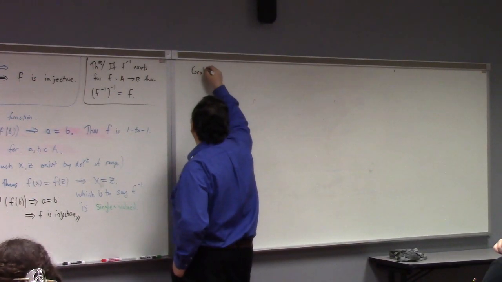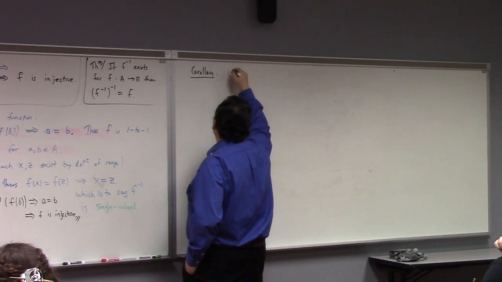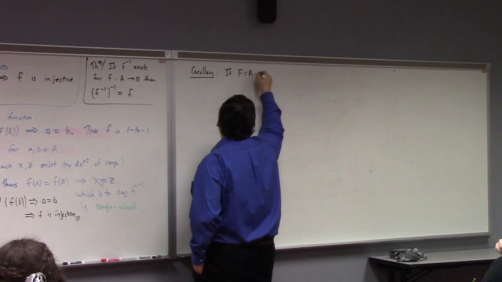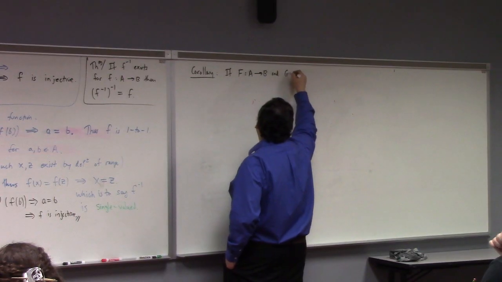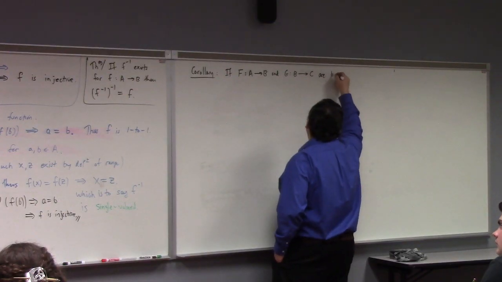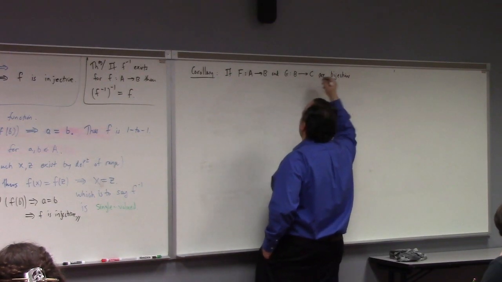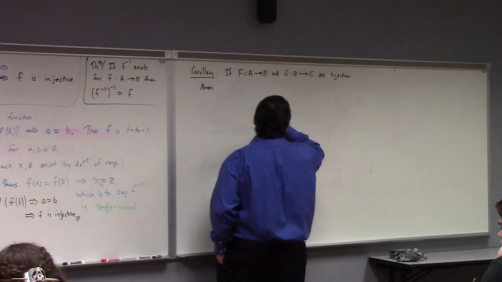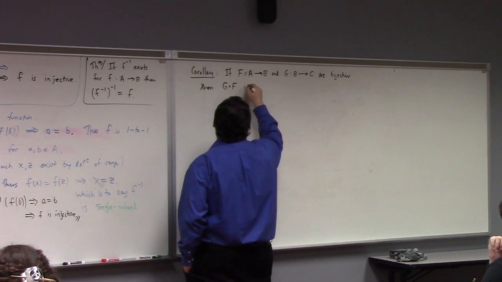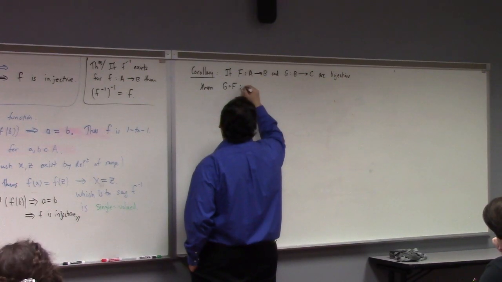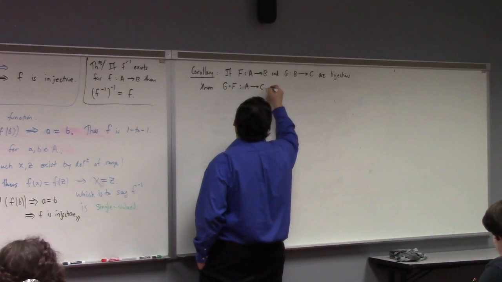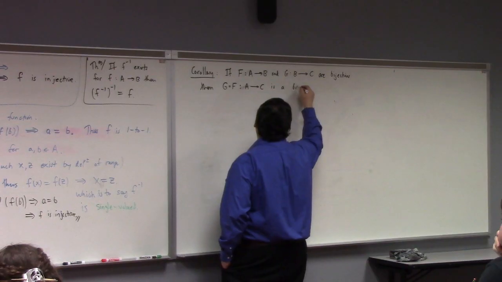So, corollary: if f from A to B and g from B to C are bijections, then let's see here, I always have trouble, I think g composed with f is a mapping from where to where? A to C, right? Is a bijection.